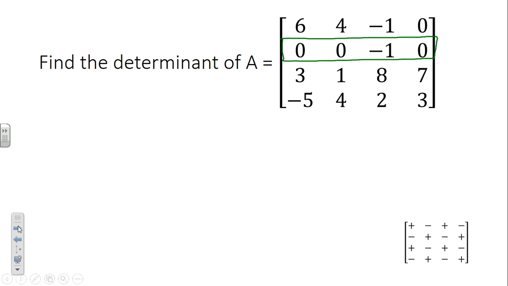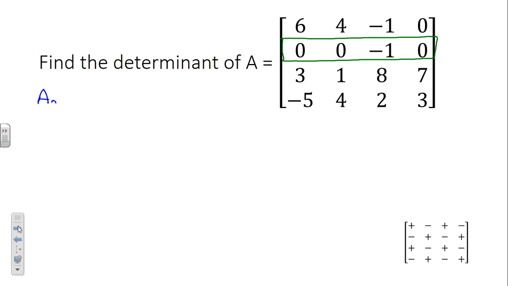Because we know that 0 times any 3 by 3 matrix is going to be 0. And this 0 times a matrix and this 0 times a matrix are going to get us zeros. So the only one we have to worry about is that -1, which is the value of a, what? 2, 3.